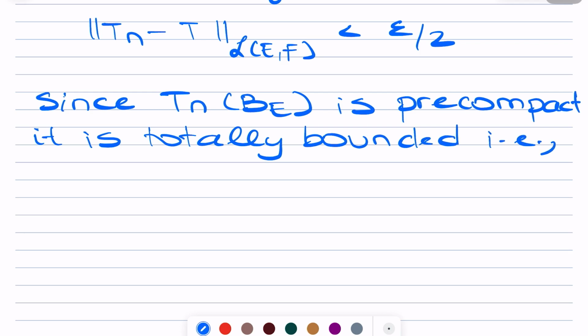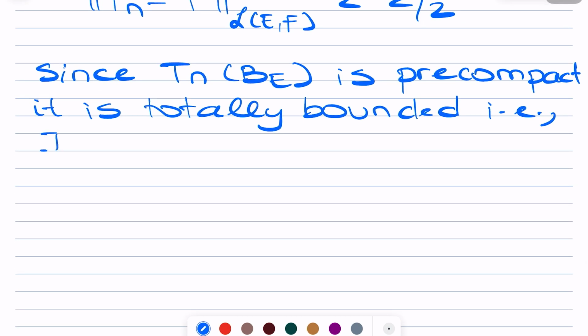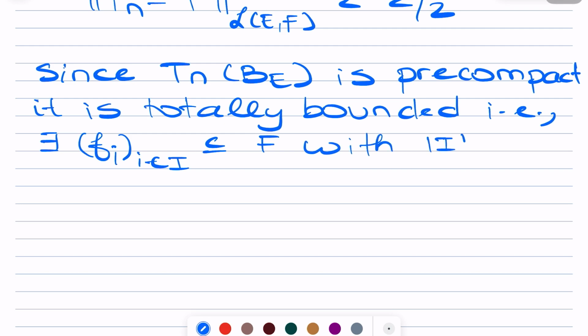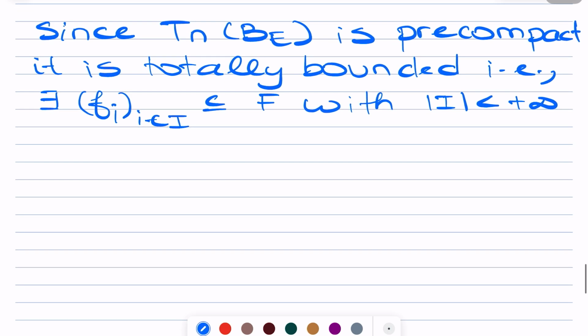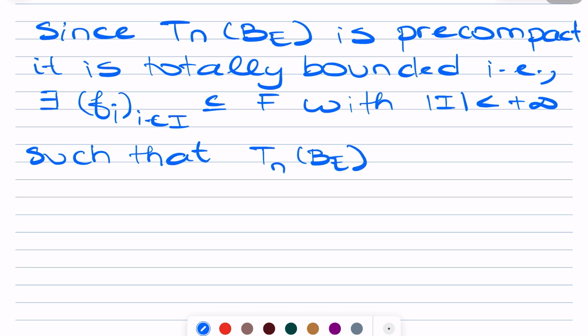So this means that there exists (f_i), i in I, a finite sequence of elements of F, such that T_n(B_E) is contained in the union of the balls centered at f_i and radius epsilon over 2.